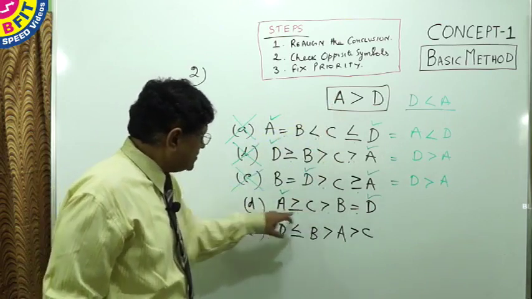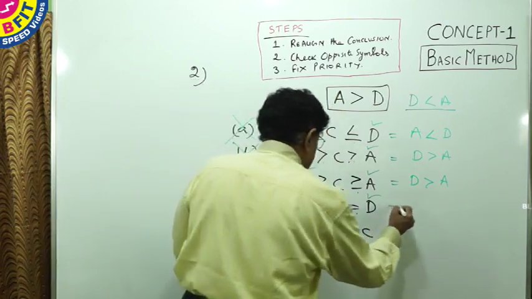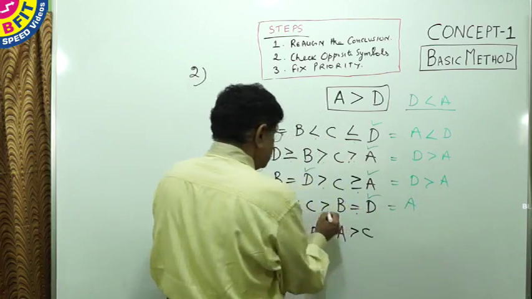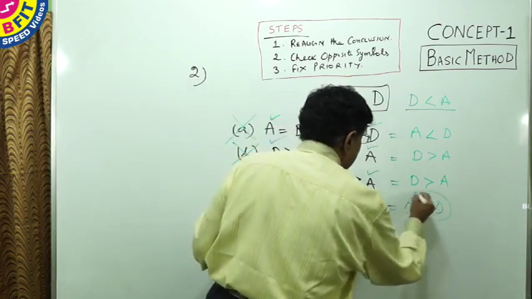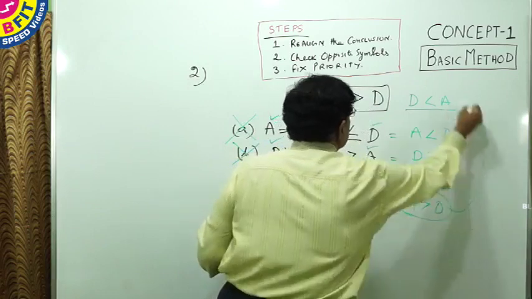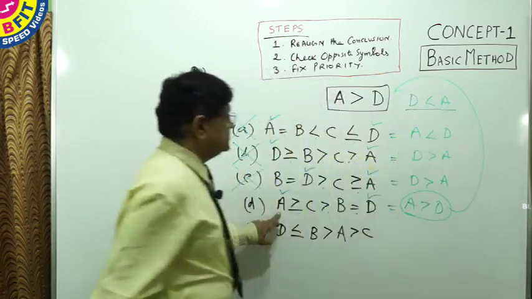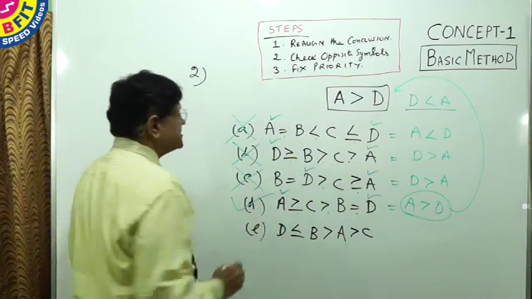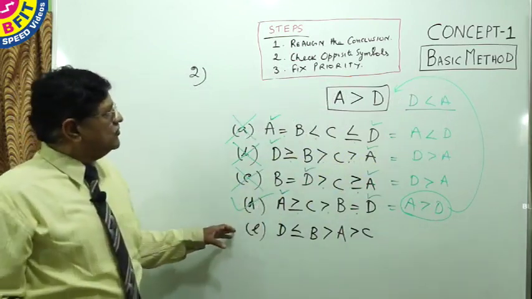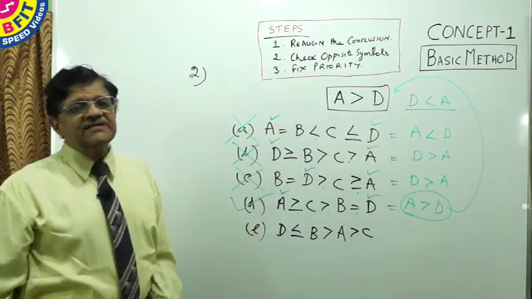What valid conclusion can we draw from this statement? Because this symbol has got top priority, A is greater than D. This is exactly the conclusion we want. Therefore expression D will give rise to the conclusion A is greater than D.